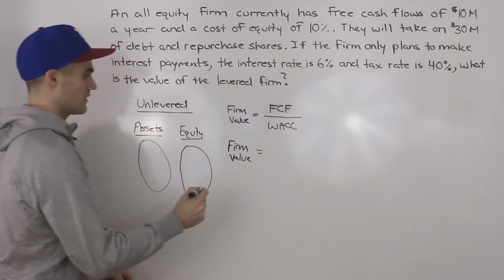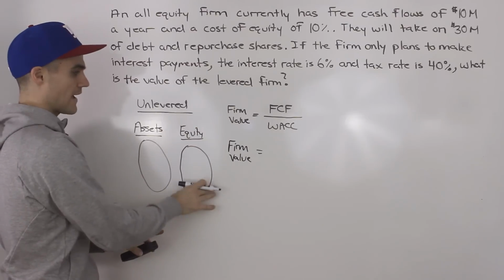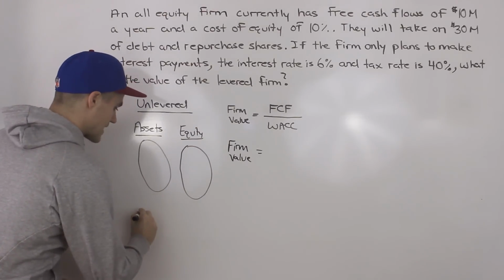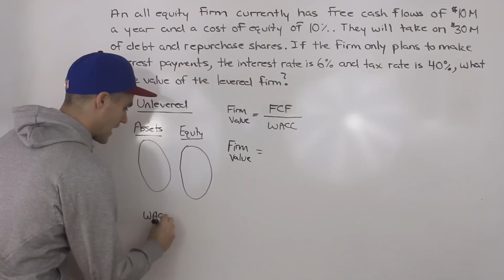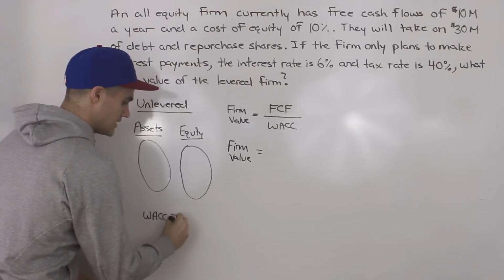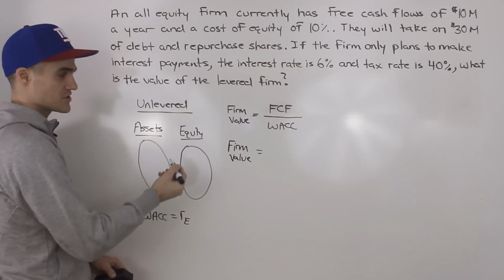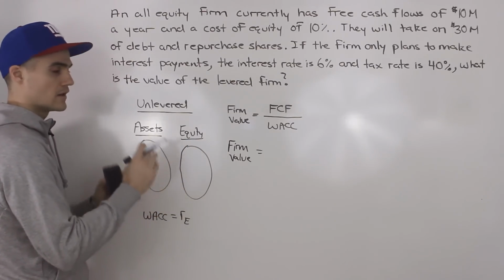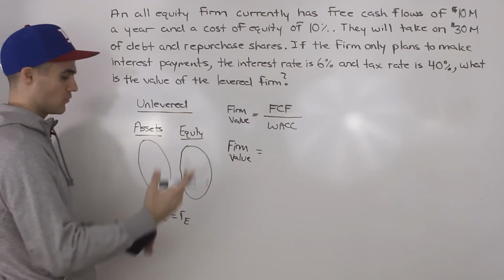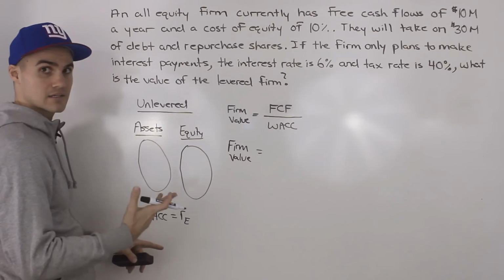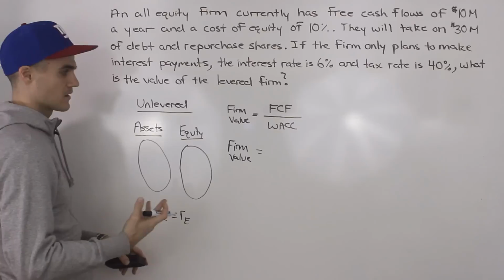Because if you think about it, if a firm has all equity, that means that the weighted average cost of capital of that firm is equal to its cost of equity, because that equity makes up 100% of the firm. So that debt portion of the weighted average cost of capital formula is going to go to 0.